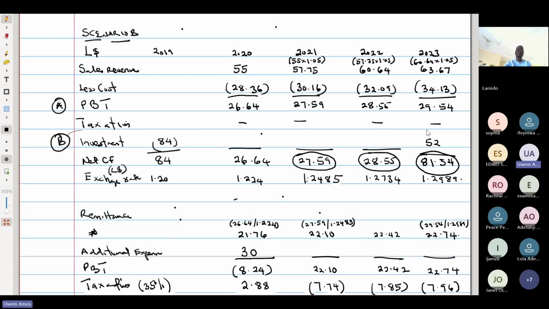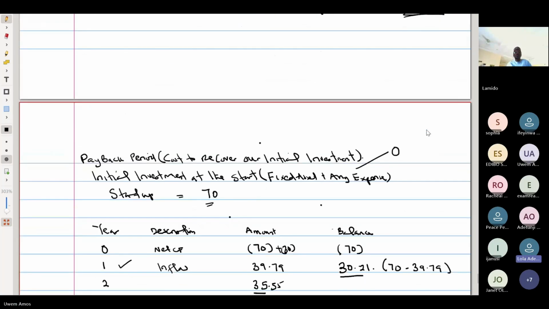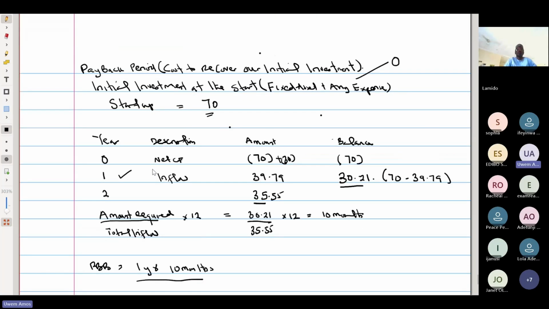Okay, Lola, your hand is up. Go ahead. Yes, sir. I don't understand how you get the payback period to be 1 year, 10 months, because when I calculated it, I got 10 point something, so that's the 10 months. Yeah. So the 1 year, how did you come about the 1 year? Our first inflow, we took that in now, so that's the year 1.